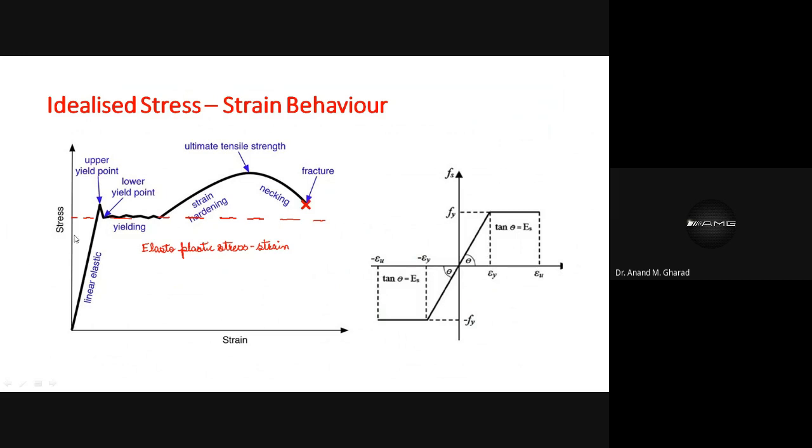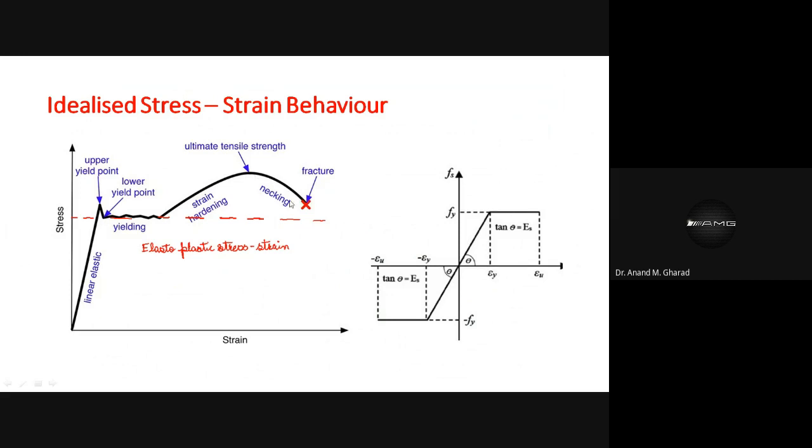The typical stress-strain behavior of mild steel is shown in this figure. Over here, what do you expect? Upper yield point, lower yield point, and this non-linear behavior, which is known as strain hardening, and after that, necking starts.